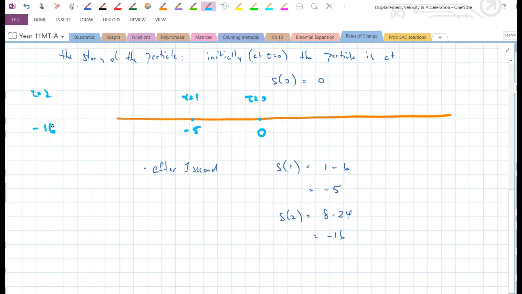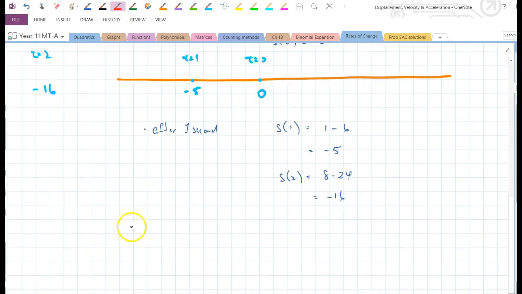Now we could find out its velocity. So let's now calculate its average velocity in the first 2 seconds. That's just going to equal its change in displacement, which is 0 to minus 16.